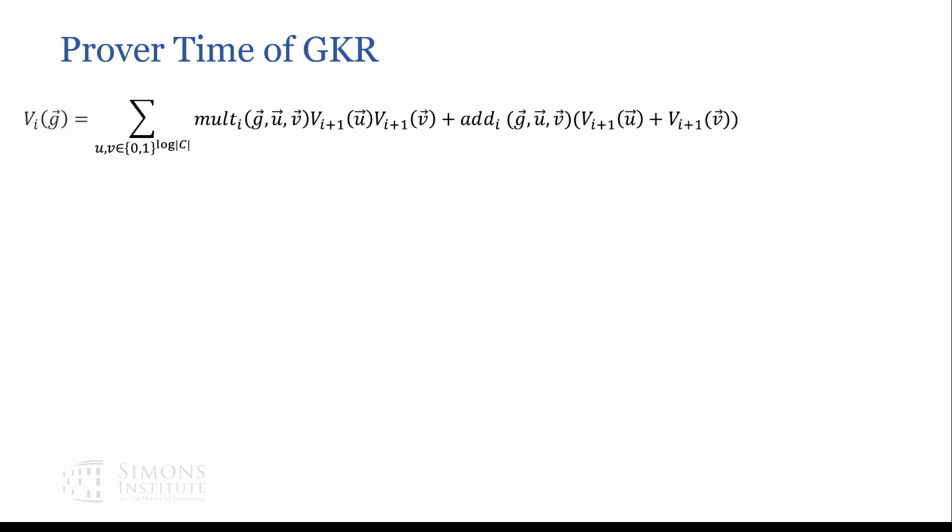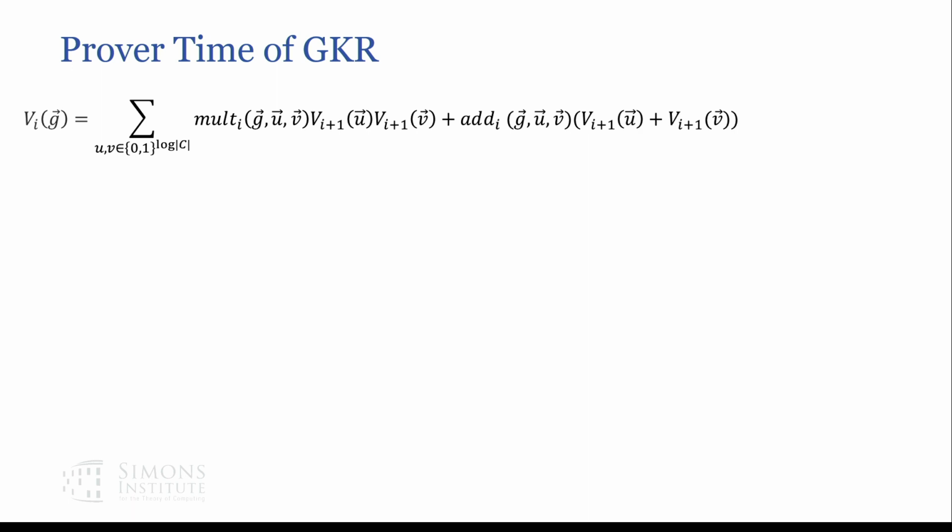But unfortunately, this fancy technique cannot be applied to the GKR protocol, because the equation to do Sumcheck on in the GKR protocol does not have this nice feature. You can see here the multivariate polynomial inside the sum. V_{i+1} is a multilinear polynomial, and these two are both multilinear. But the annoying thing is about this mult and add.